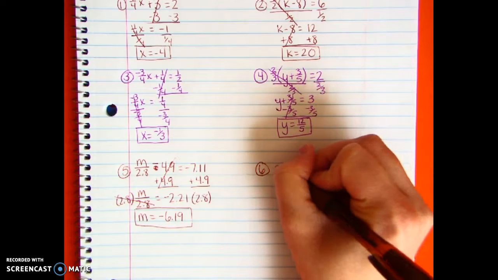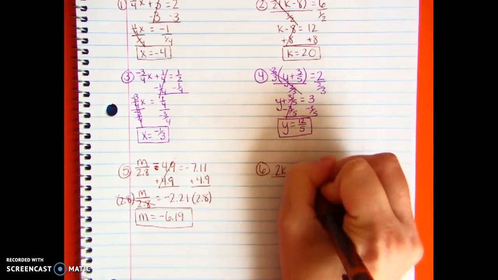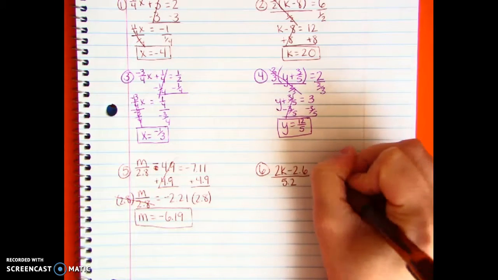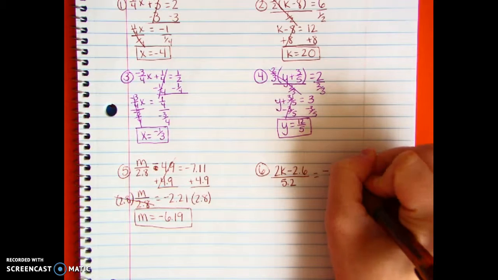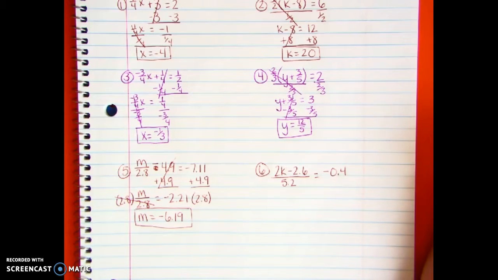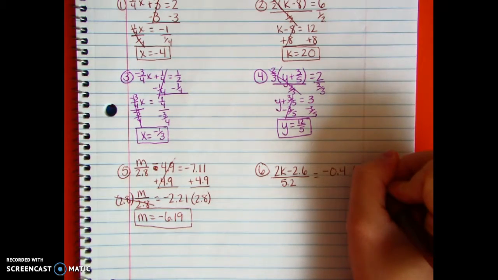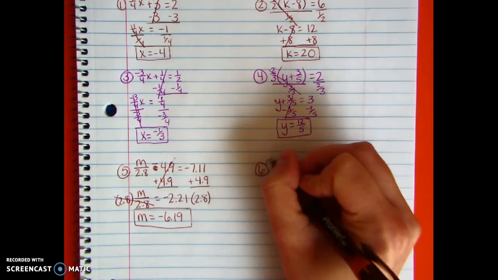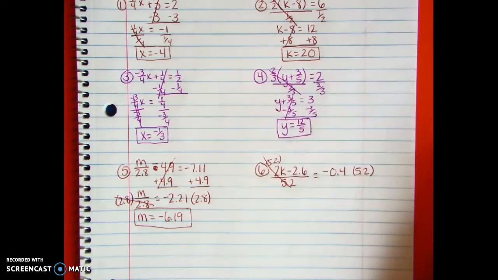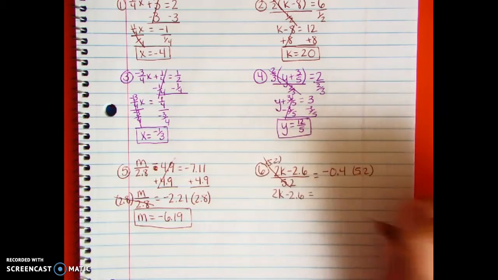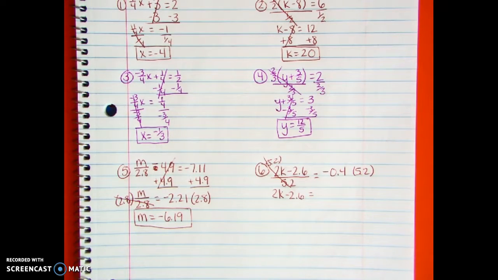2k minus 2.6 divided by 5.2 equals negative 0.4. So I'm going to multiply both sides by 5.2. Cancel those out. That gets me 2k minus 2.6 equals negative 0.4 times 5.2 is negative 2.08.